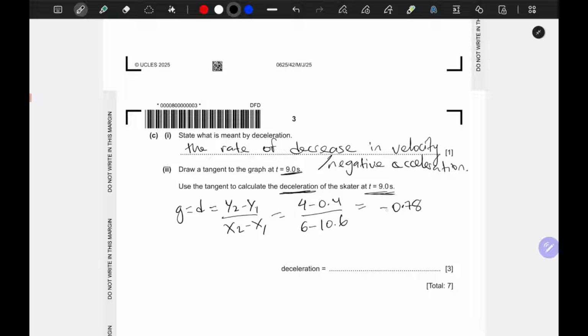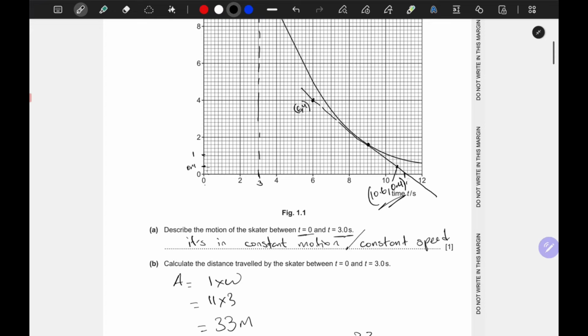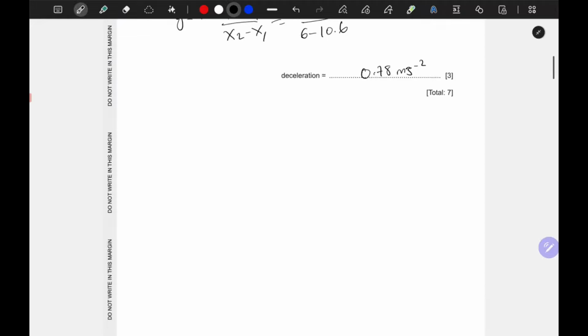But since we're asked for deceleration, we just ignore the negative and write the answer 0.78 meters per second squared. Now it might not be entirely accurate since I didn't use a ruler to perfectly draw the line, but if you use the ruler, you're going to get an answer which is within the range given on the mark scheme. But this is the gist of it.